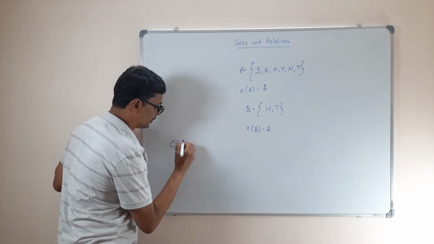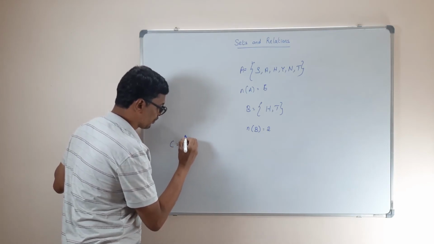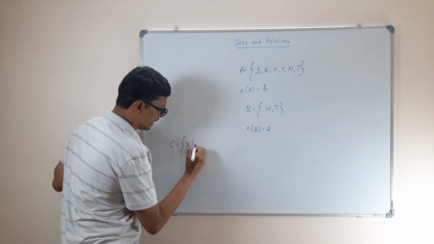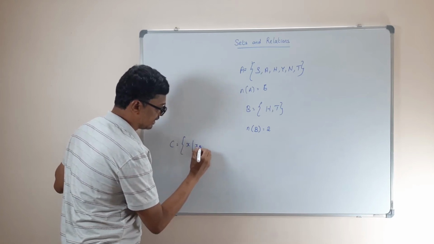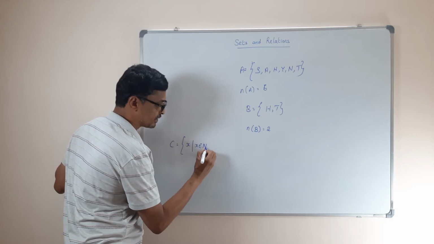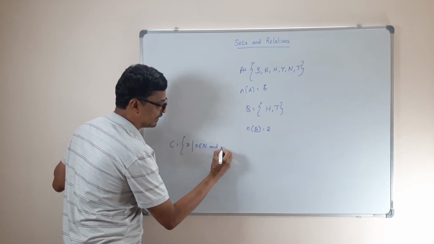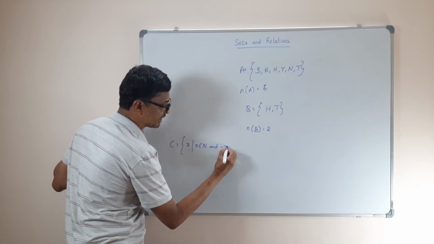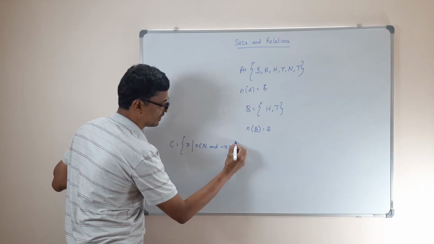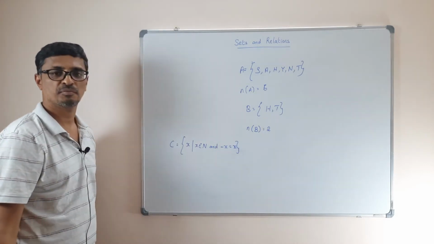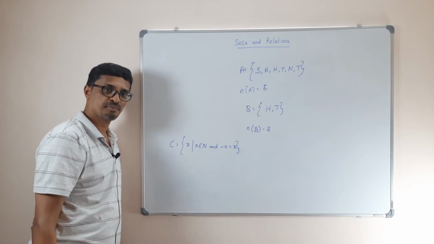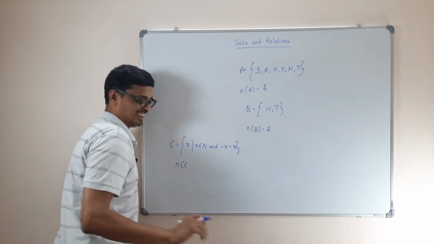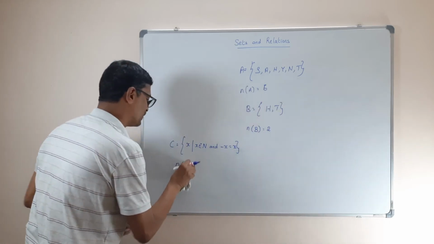C is equal to the set of X such that X is an element of natural numbers and minus X is equal to X. Do you have a number? No. Is there anything there? No. So in that case, what will be n of C? 0. n of C will be 0.